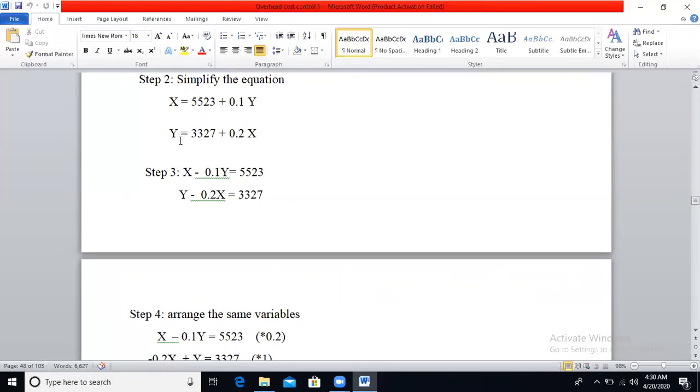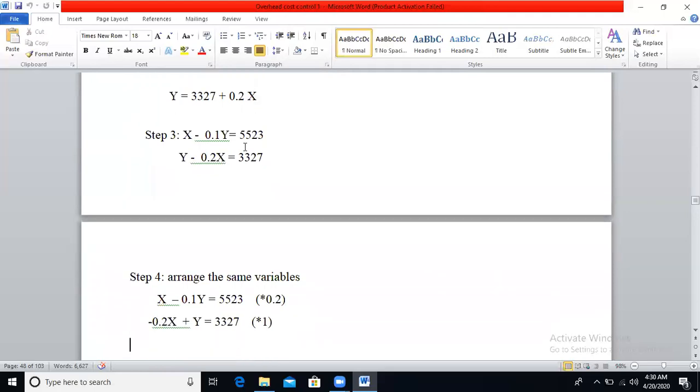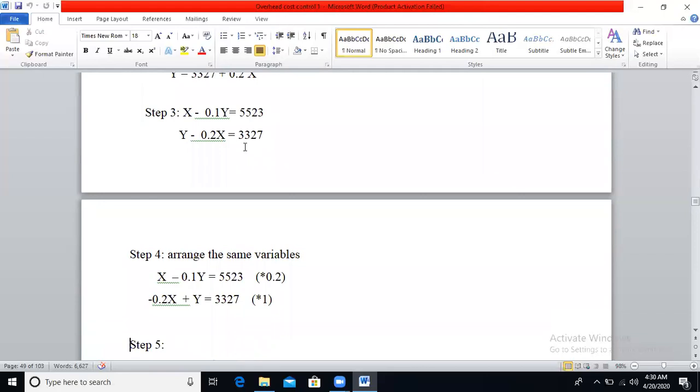If this comes on left hand side, plus 0.2X will be minus 0.2X is equals to 3,327. Now the next step is take the values of X under X only and Y values under Y only. Now, first equation you write it as same only. X minus 0.1Y is equals to 5,523.